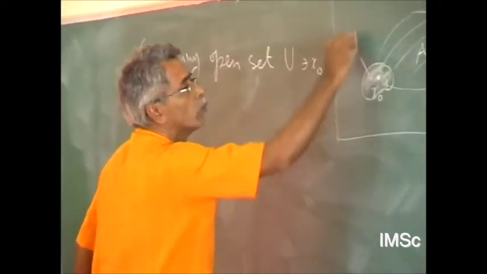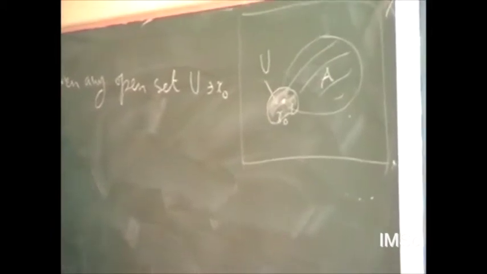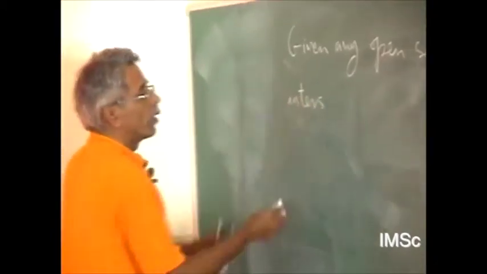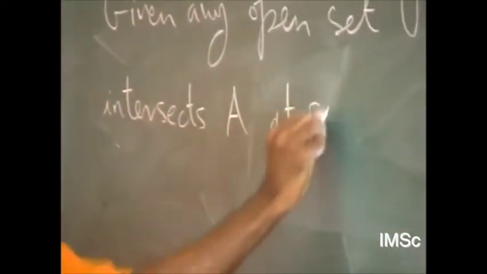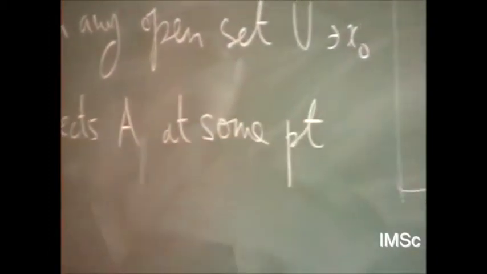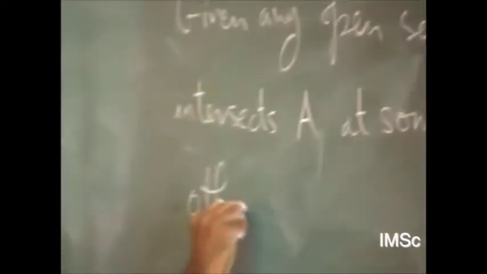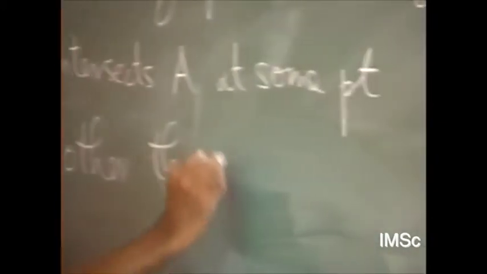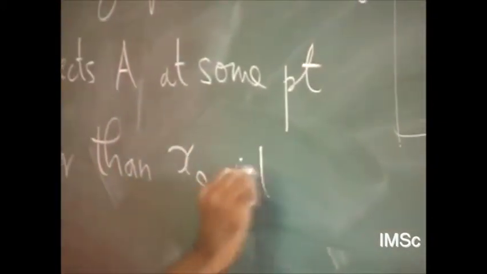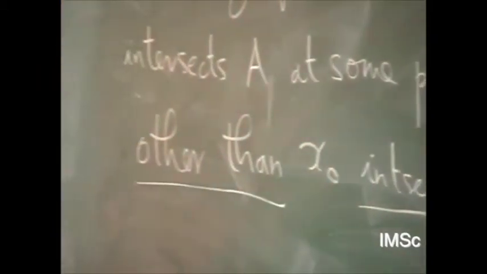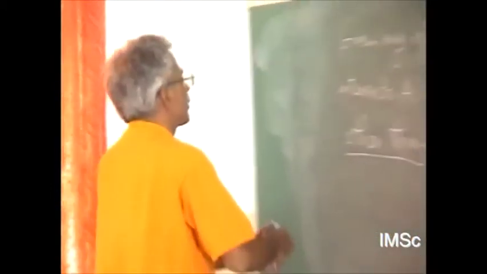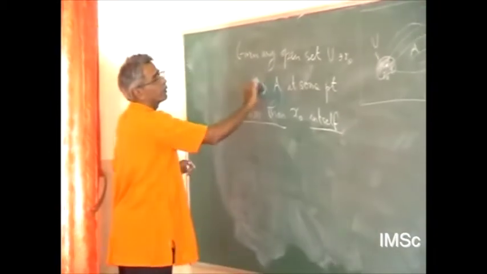So this is my U, and it intersects A at some point other than x naught itself. In other words, it contains some point of A. If you don't want to use the word intersect, it contains.